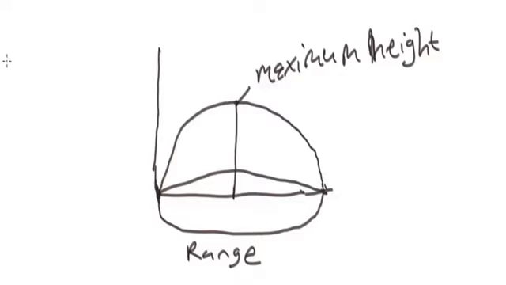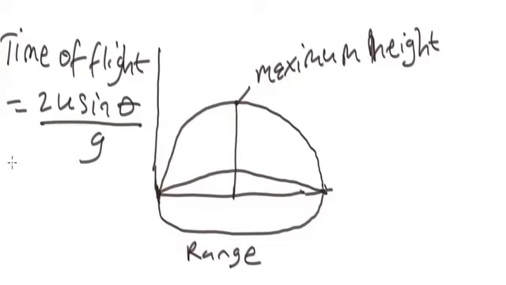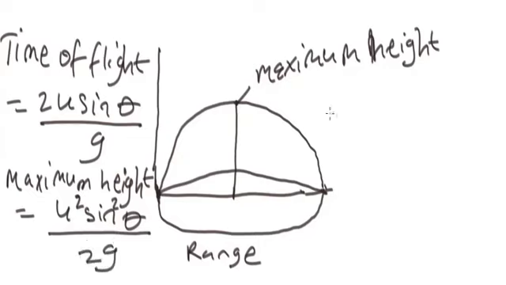Time of flight in projectile is calculated using 2u sine theta over g, whereas maximum height is calculated using u square sine square theta over 2g.